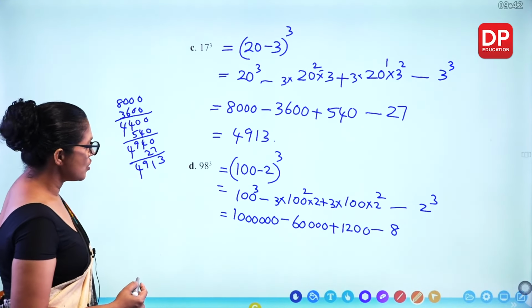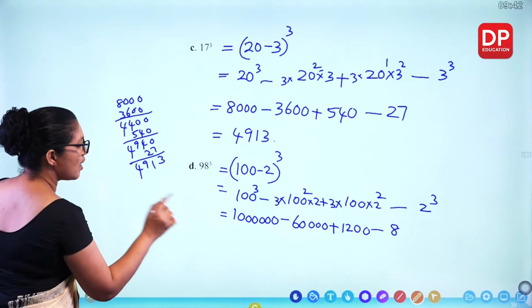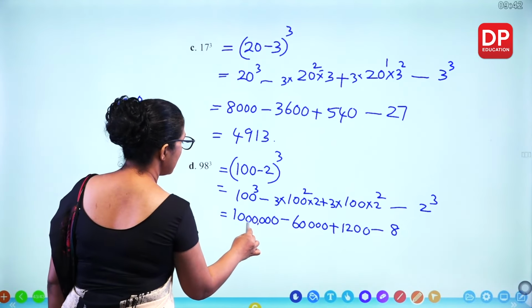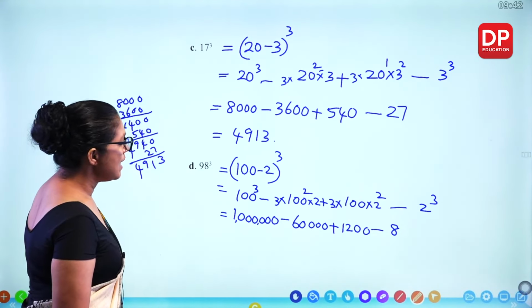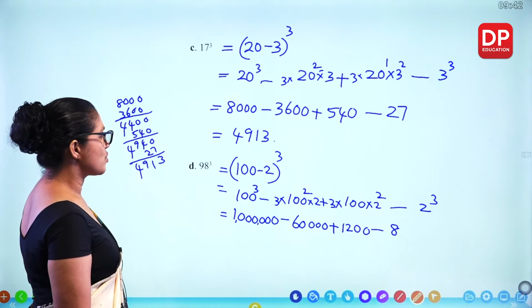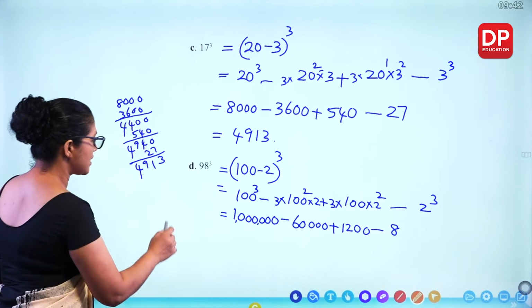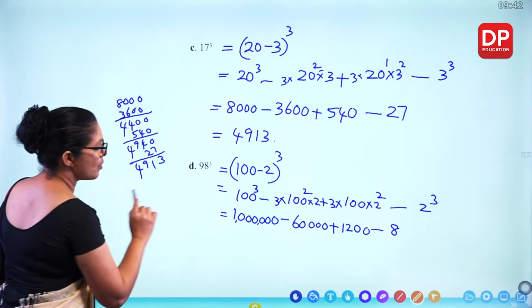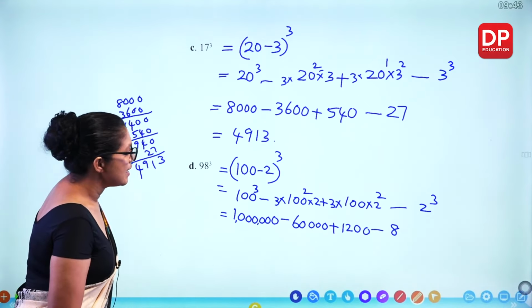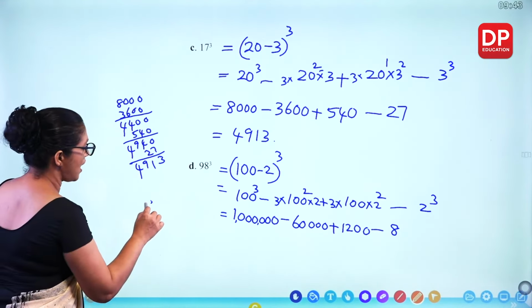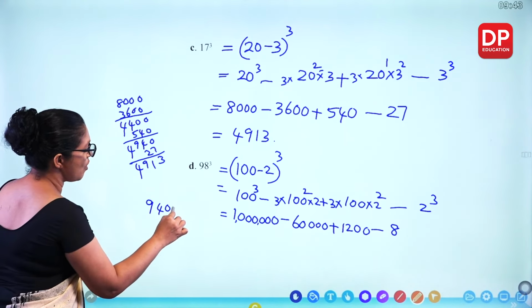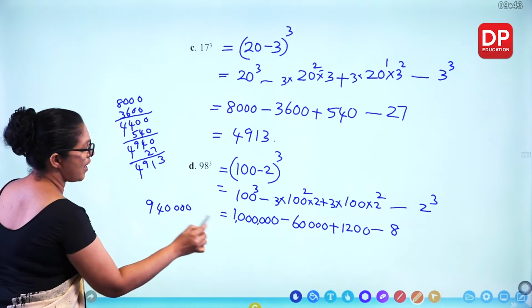Now do the calculation. This is 1 million. 1 million minus 60,000. What do you get? So here you get 940,000. 940,000 you are getting when you subtract.